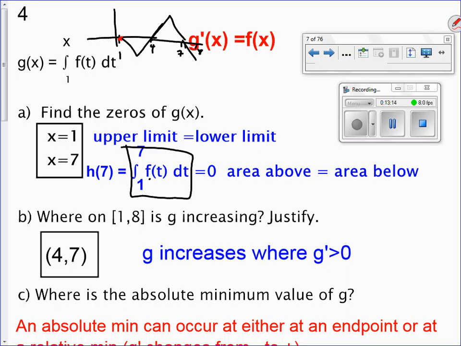You know it's decreasing because the derivative is negative between 1 and 4, and the amount of decrease is this area. So it's decreasing until it gets to 4 by whatever this area is. Then between 4 and 7, the derivative is positive, so it increases by that same amount. So by 7, it's back to 0 again.